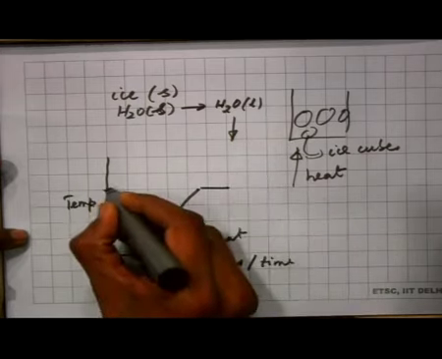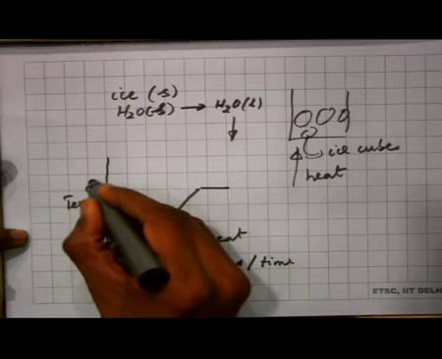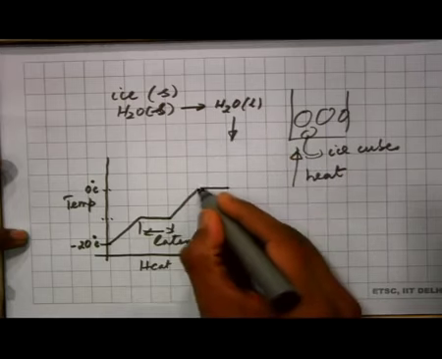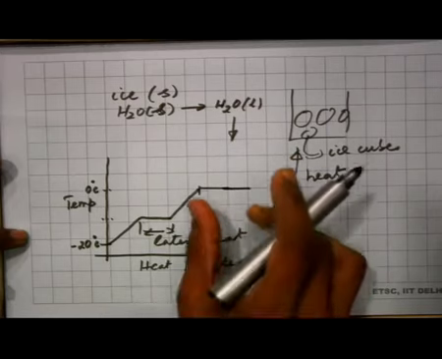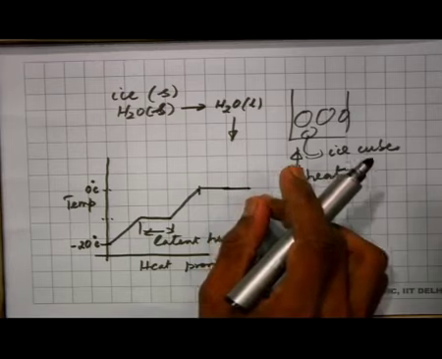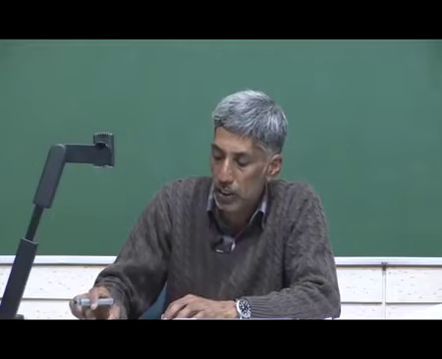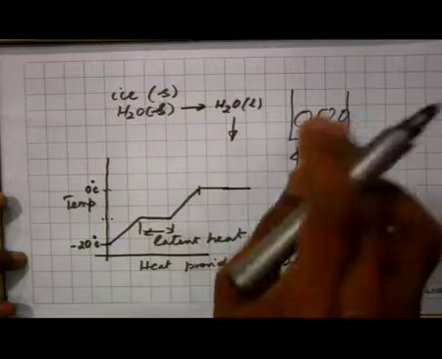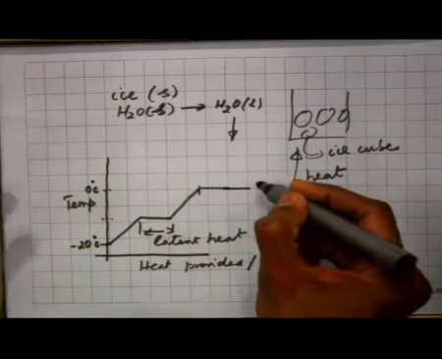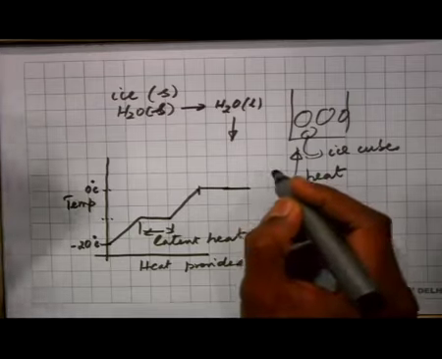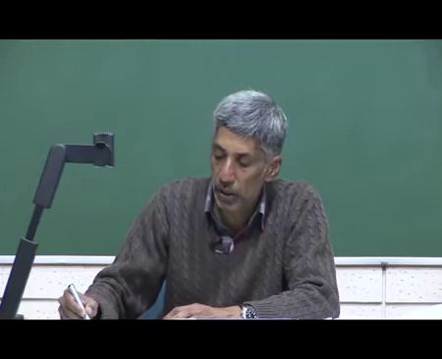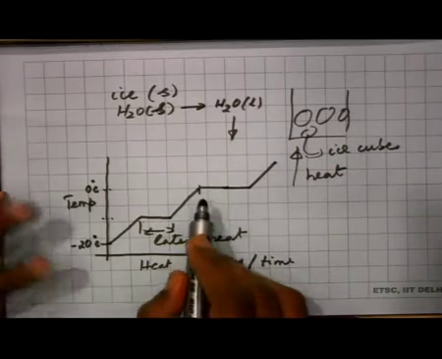When liquid gets converted into steam, you will then again have a latent heat. The amount of heat that you have to provide in the case of water is much higher than what you needed before. So, this horizontal portion is going to be longer, and then after that, once all the liquid has been converted into steam, the temperature will again rise. So, this is what you would see.